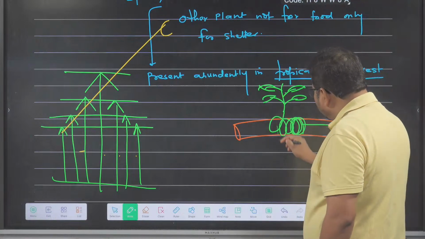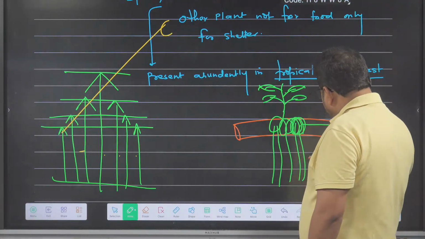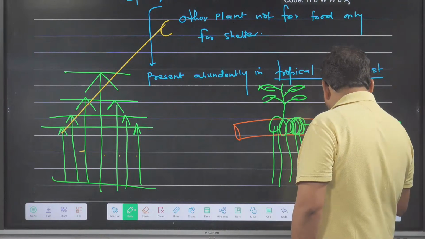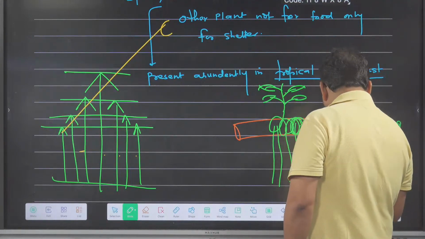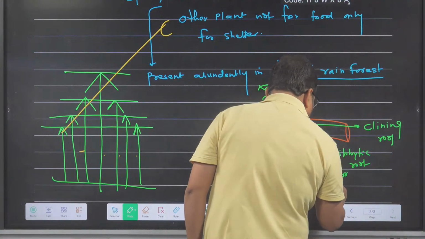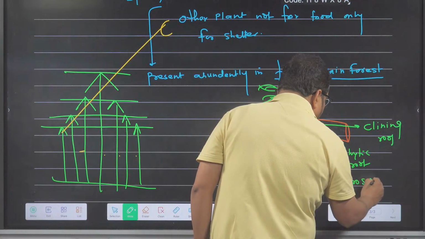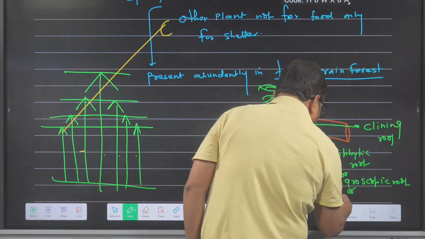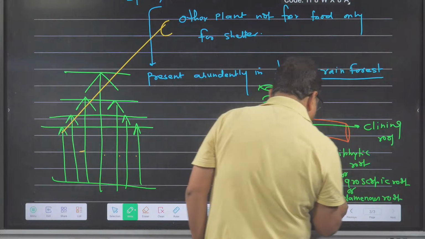And some roots are hanging in the air. It is called epiphytic root, or hygroscopic root, or velaminous root. Why velaminous root?